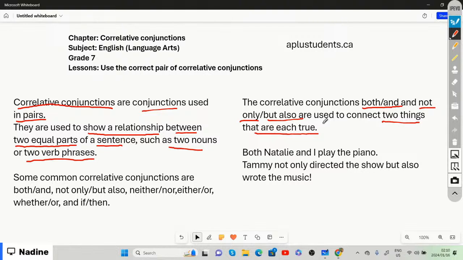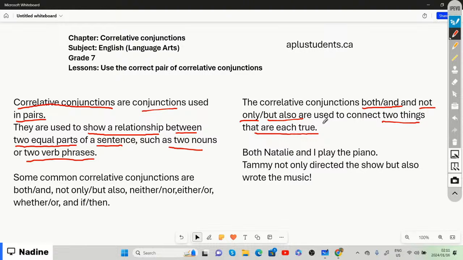For example, both Natalie and I play the piano. So it basically shows that these two things are each true.